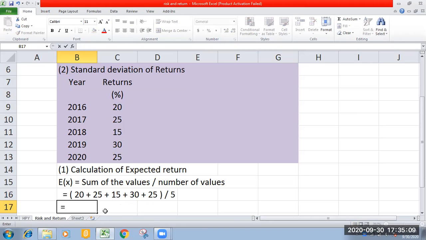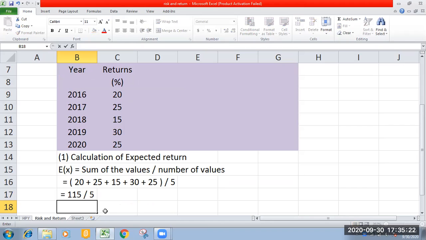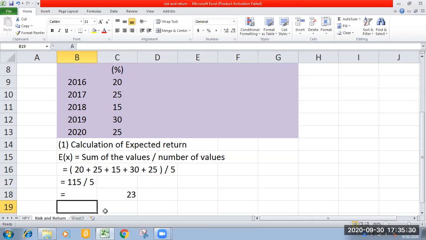We have the total 45, 55, 60, 90 and 115 is the total of the values, divided by 5, which is equal to 23%.